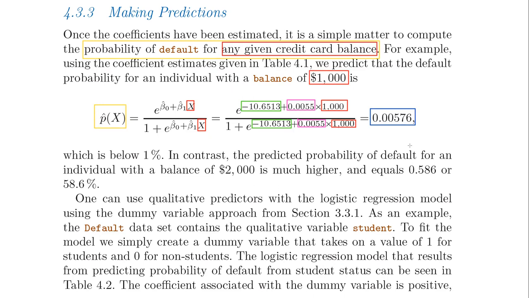In contrast, and notice this is where nonlinearity comes into play. In contrast, if the balance is double, and I don't think I've used orange yet, if the balance is double, the probability does not double, but it in fact increases by 2 orders of magnitude, right?